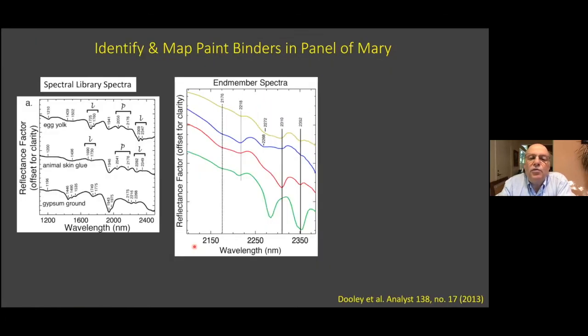Another thing we can do, which I won't go into detail, is make use of very small absorbance features, overtones and combination bands of these functional groups in the farther spectral region out towards 2300 nanometers, which can be used to get indications of where protein, carbohydrates, and lipid features associated with drying oil or egg yolk are.